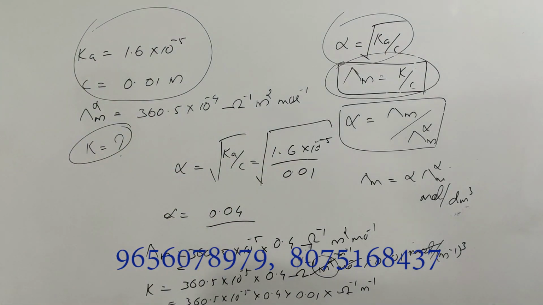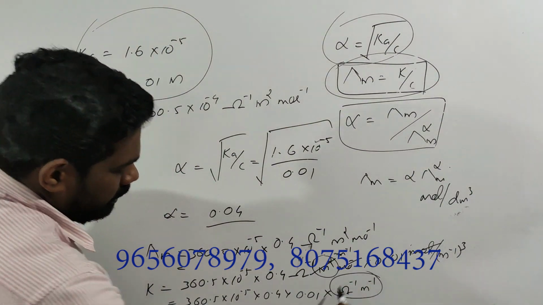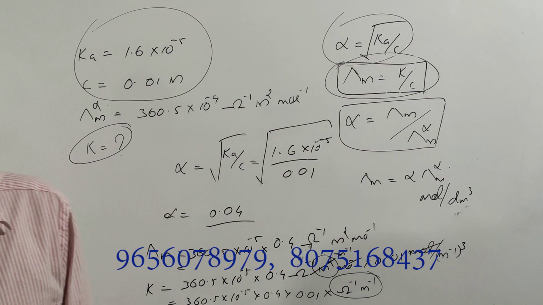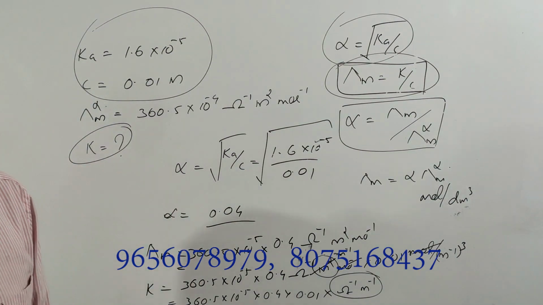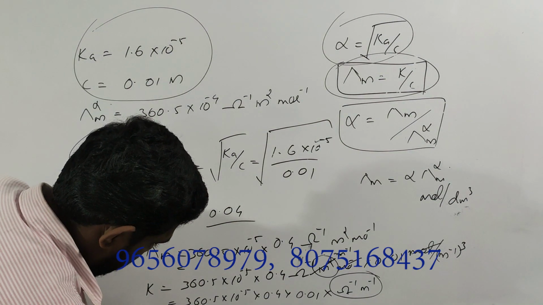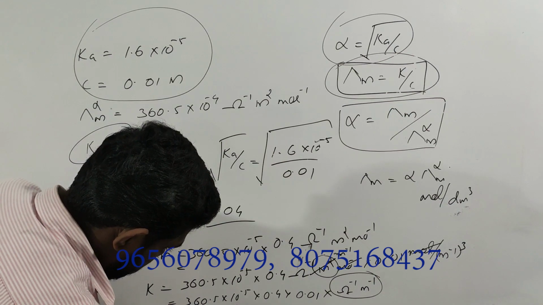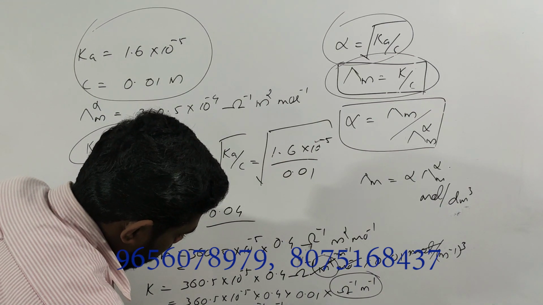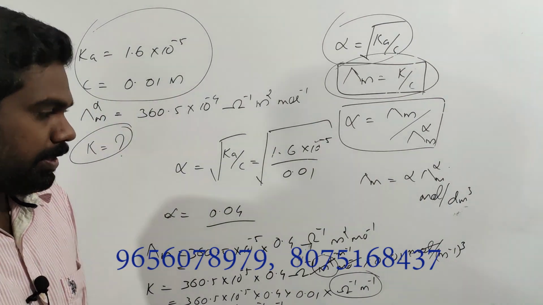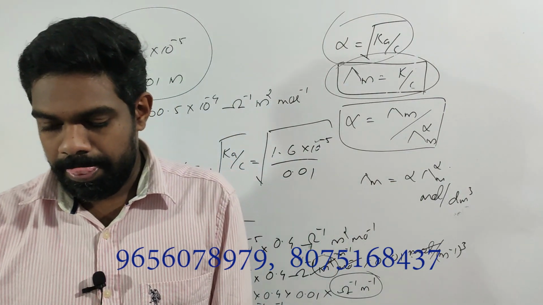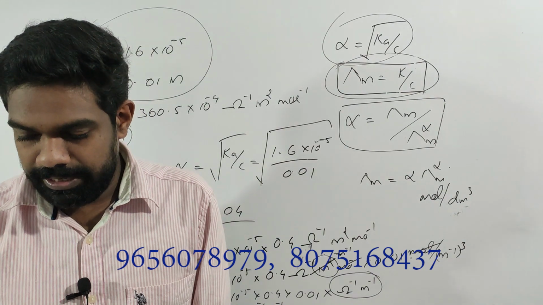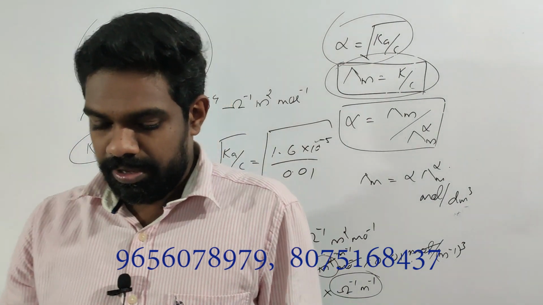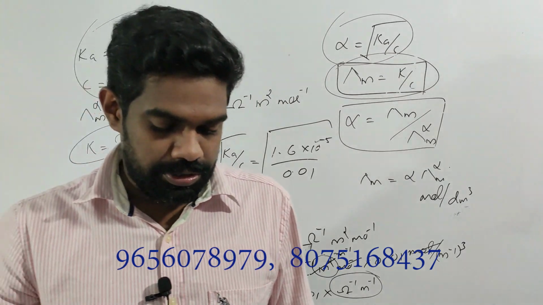So that is the answer. This is the unit given for us. If we calculate this, you will get the answer 1.45 into 10 raised to minus 2 ohm inverse meter raised to minus 1. That is the answer, n equal to 1.45. Now let's move on to question number 49.